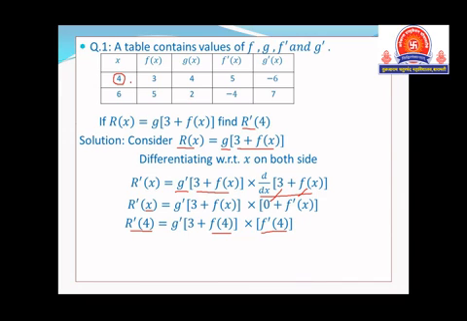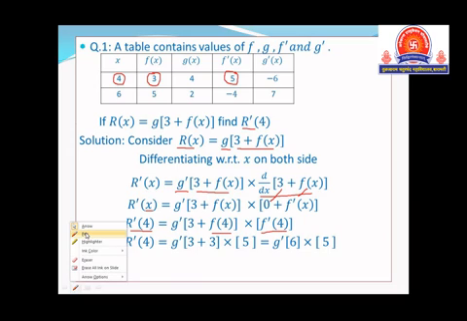So at x equal to 4, f of 4 is function value of f is 3, and at x equal to 4, value of f dash is 5. So put these values 3 and 5 in the equation. So we get f of 4 is 3 and f dash of 4 is 5. So see the equation, g dash of 3 plus 3 becomes g dash of 6 and into that 5 as it is.